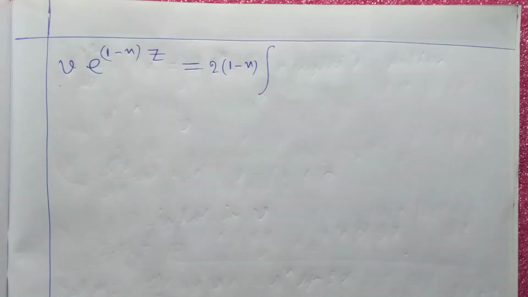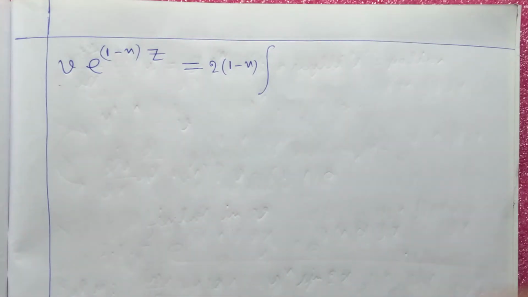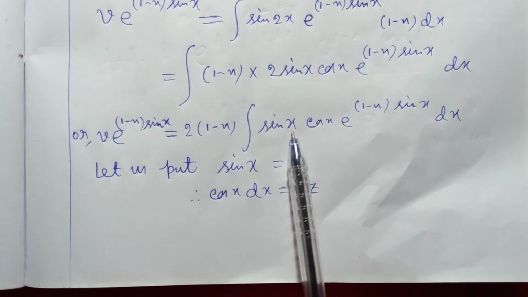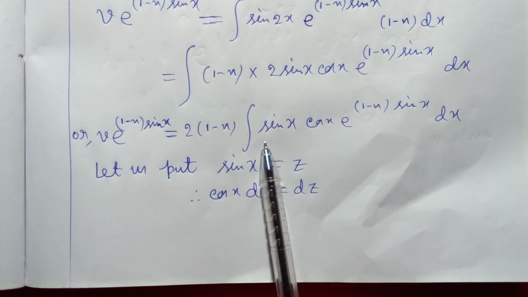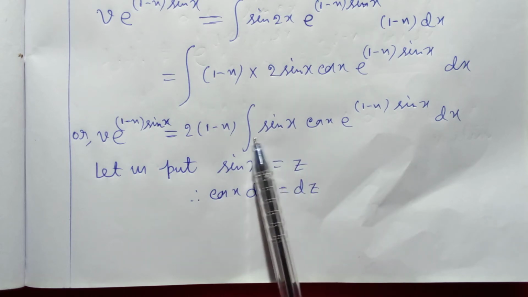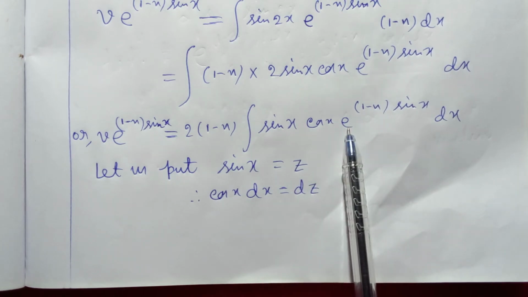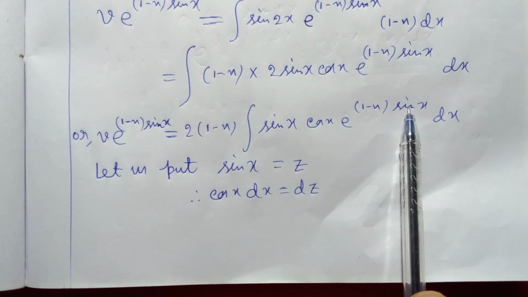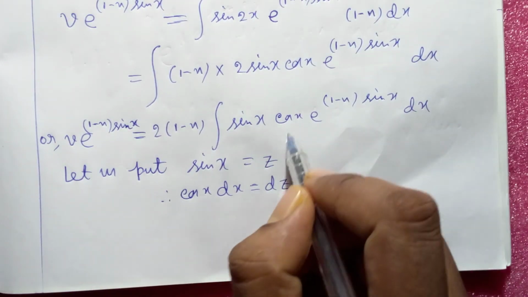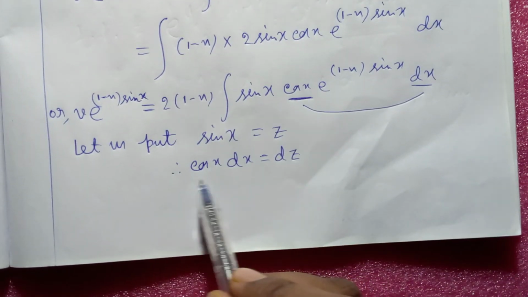After that we are getting 2 into 1 minus n integration. We are putting z in the place of sin x, therefore we are getting here z, and here we are getting e to the power 1 minus n into z, and cos x dx gives dz.